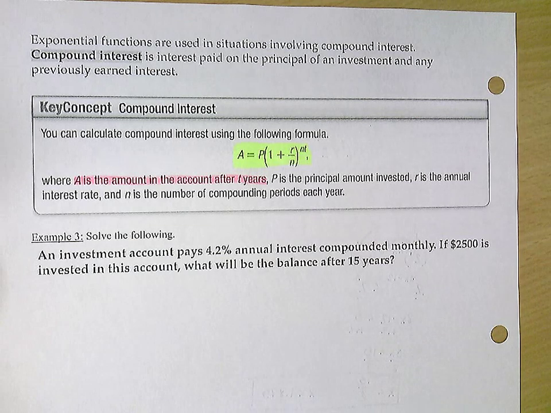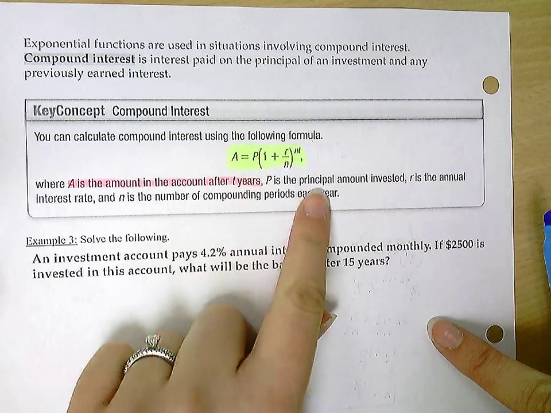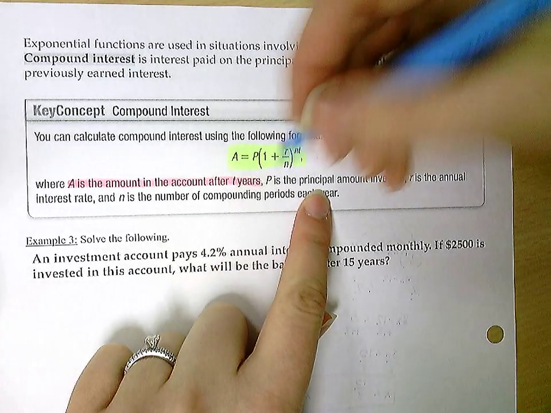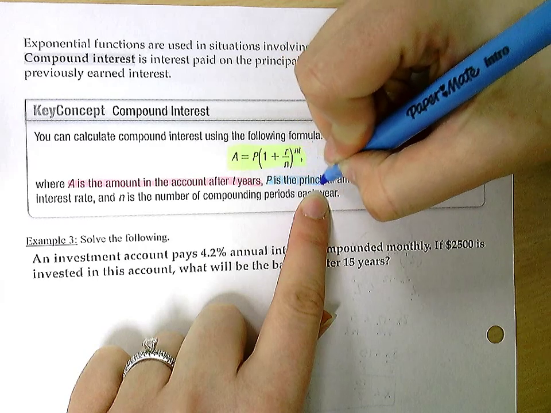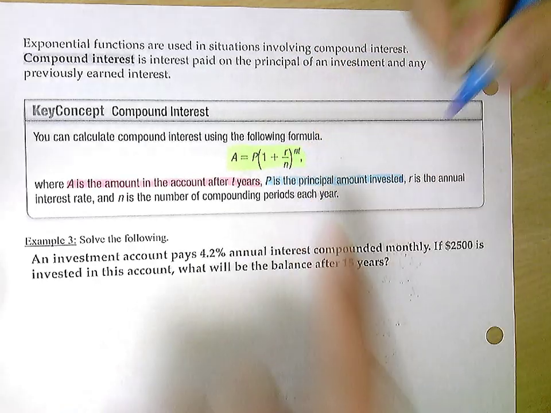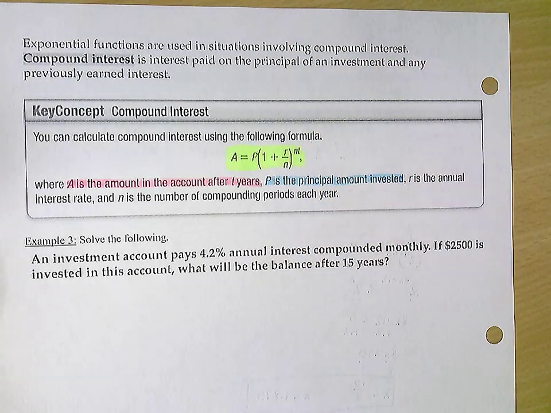Then we also have P. P is the principal amount invested. So what you invested that first time. So if I put in $1,000, that would be your principal amount.